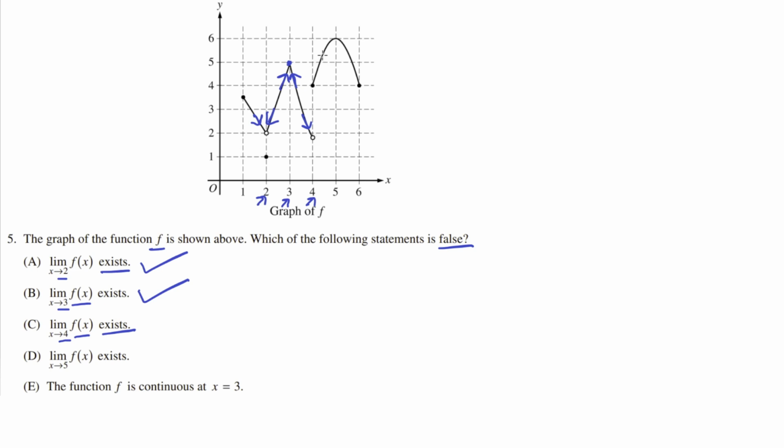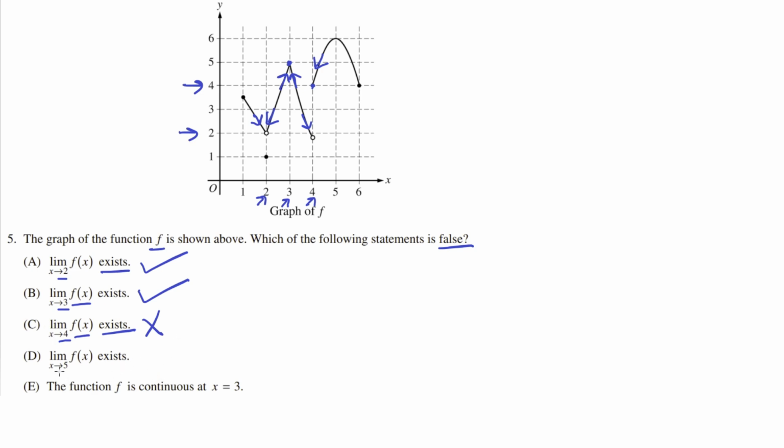But then from the right, as the graph approaches an x value of 4, we see the graph on the right approaches a y value of 4. So the left and right limits are not the same, meaning they do not approach the same y value. One is approaching 4 from the right, and the other is approaching 2 from the left. So that means this statement is false. The limit does not exist. So this is likely the right answer, but let's check the rest as well.